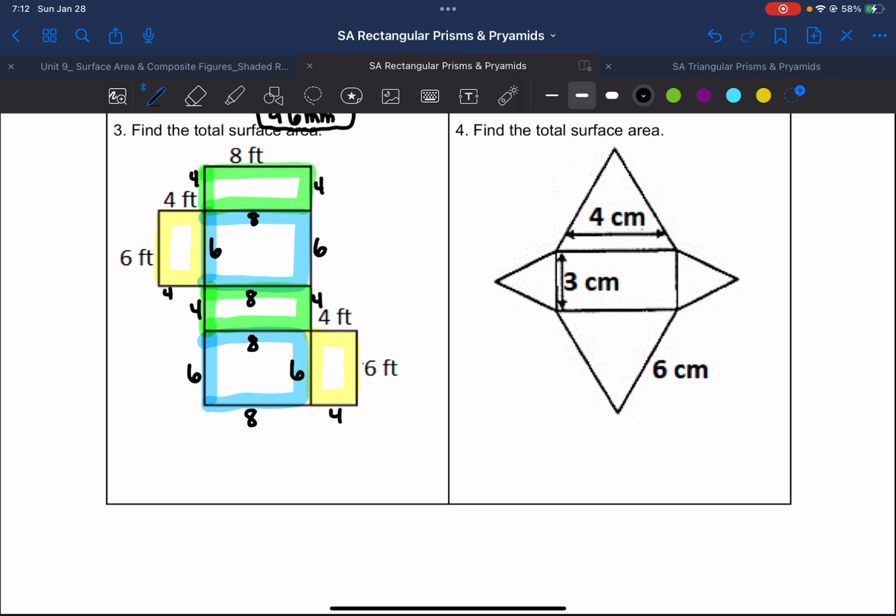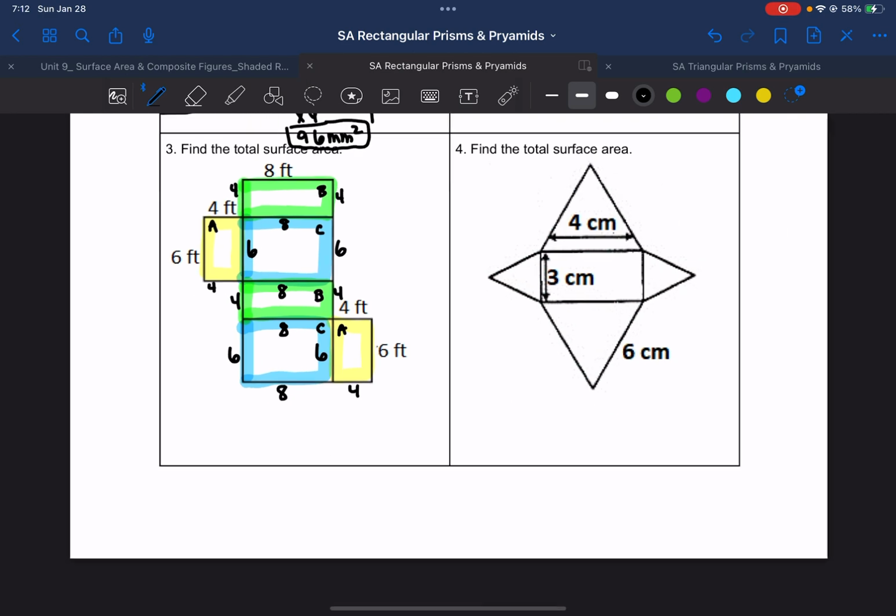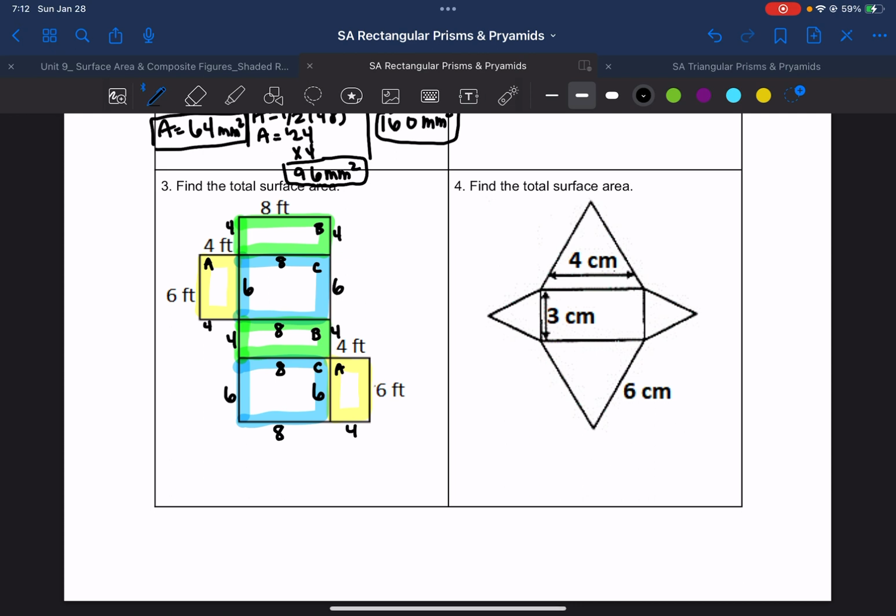Now, because you have this on paper, there's a couple of ways that you can do this, okay? For this one, I'm going to label these A, these are B, and these are C, okay? So here, let me go ahead and do my T-chart, okay? I'm going to start off with A, which is the rectangle that is a 4 by 6 times 2, okay?